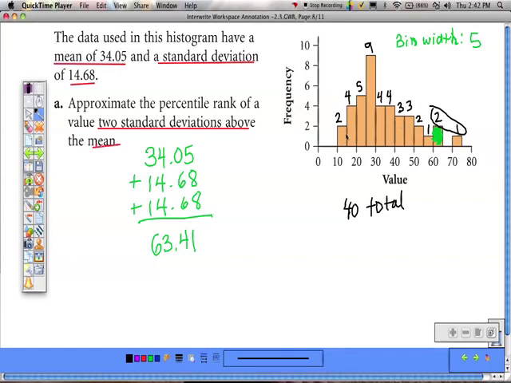It means there's 37 below. So for the percentile rank, there's 37 data points below where you are. We're going to divide by the total, and we'll get about 92.5%. So if you are right here, you're in about the 93rd percentile, because about 93% of people are below you.